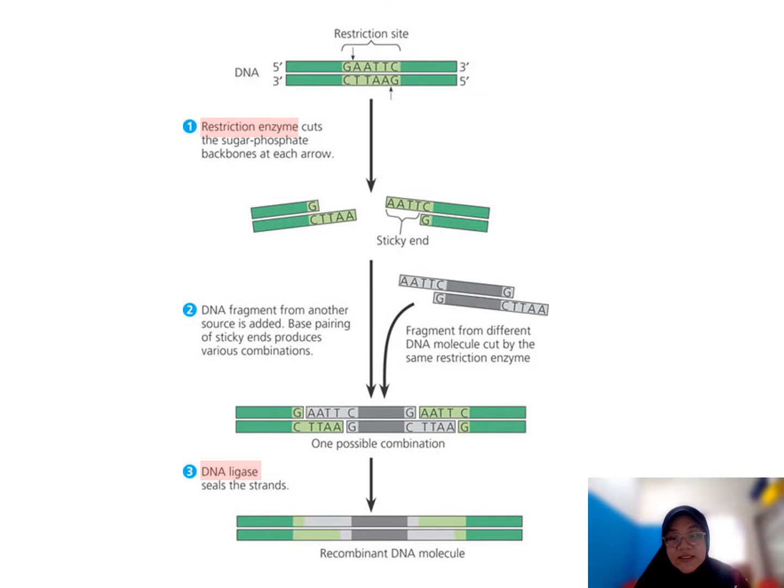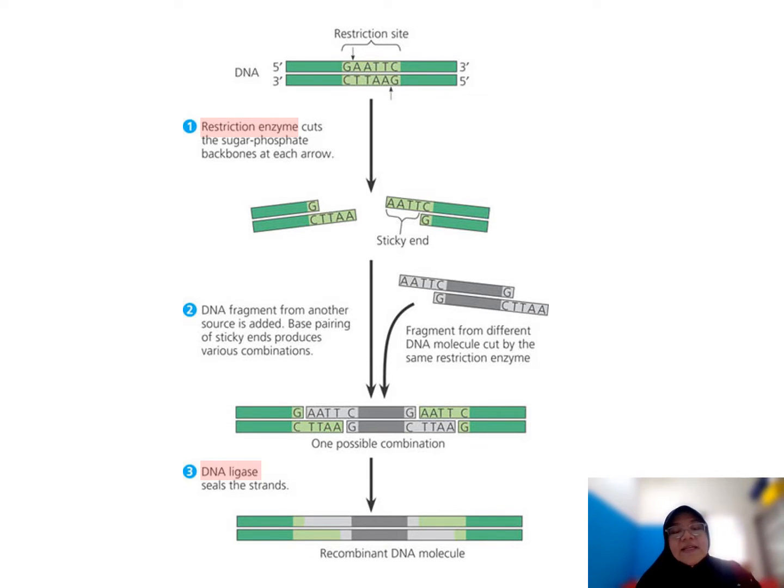First is the restriction enzyme, second is DNA ligase. The type of restriction enzyme must be the same one you use to cut the plasmid and also the DNA with the gene of interest.